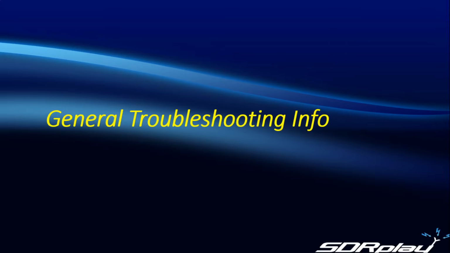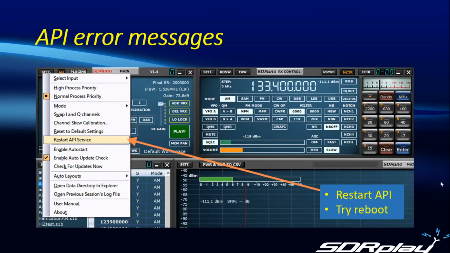There is a new help system set up at SDRplay.com. If you go to the website and hit help, you'll be guided to finding some information. But I just want to go through a few common things here right now that may get you up and running again very quickly. So let's first talk about API error messages.